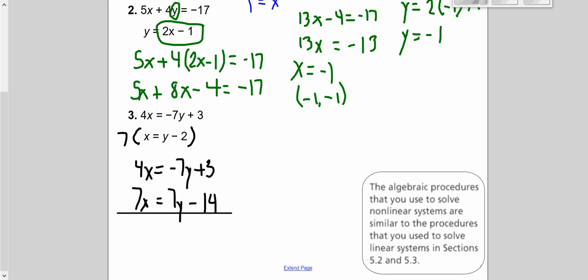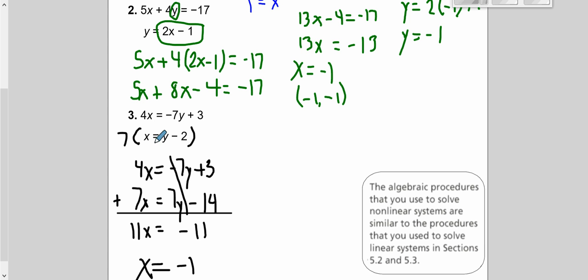So if we add these together, we get 11x. The y's cancel out. 3 minus 14 is -11. Finish solving. Divide both sides by 11, we get -1.